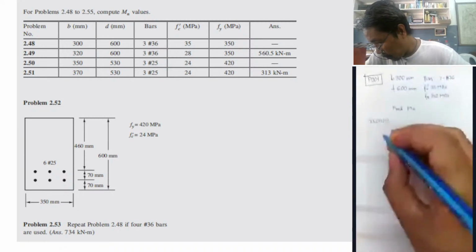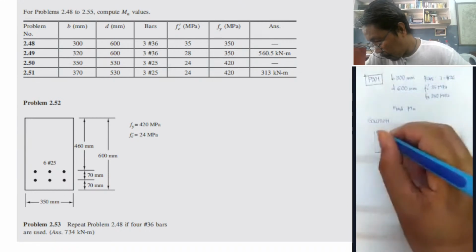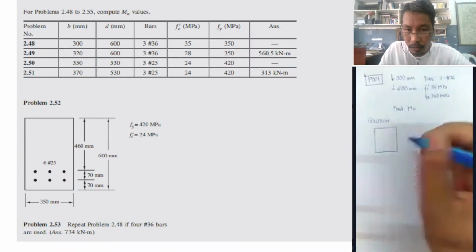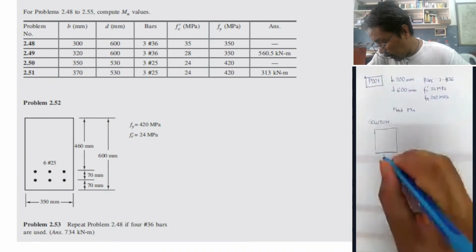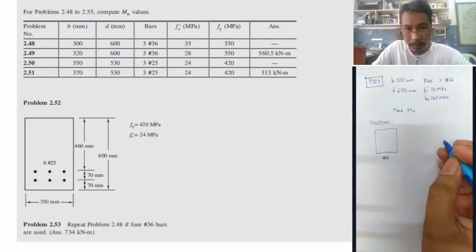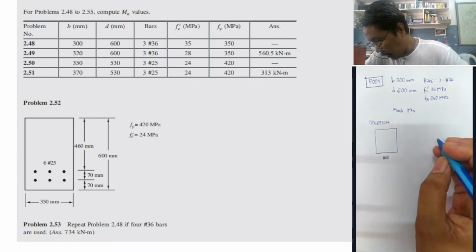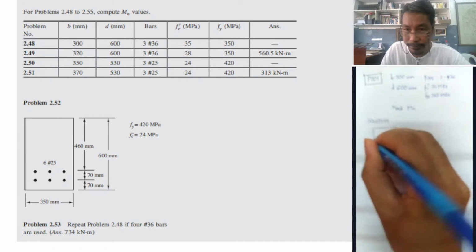Let us therefore imagine we have this type of cross-sectional area wherein we can find out B is 300. So this means we have 300 and 600. So here we have 600. So 300 by 600.